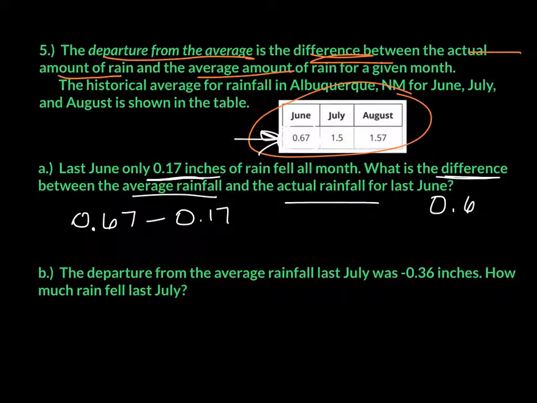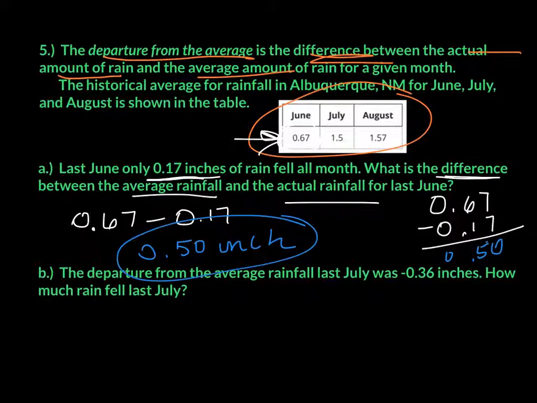That's 7. And then we're subtracting 0.17. When I subtract, 7 minus 7 is 0. 6 minus 1 is 5. Bring down the decimal. So the answer is 0.50, or really half of an inch.